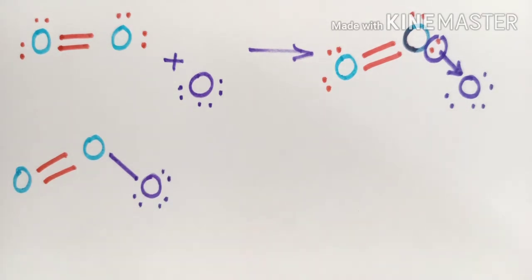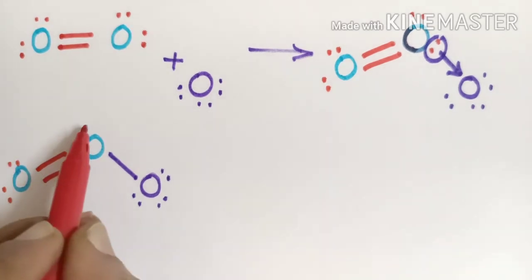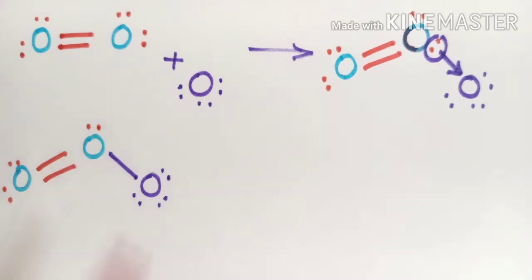That is 3 lone pairs on this oxygen. With the result, you find that the first oxygen will have 2 lone pairs. The second one will have only 1 lone pair and the third one is having 3 lone pairs.